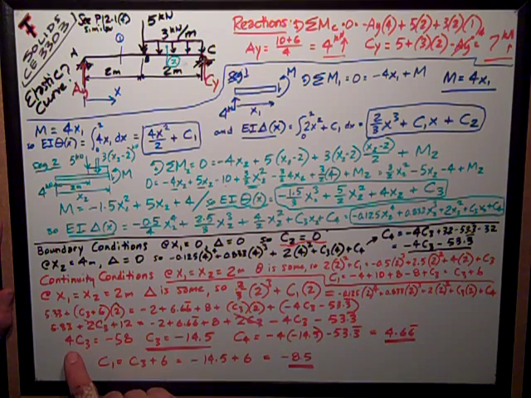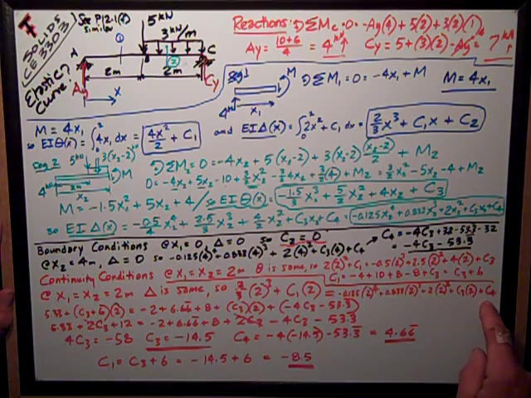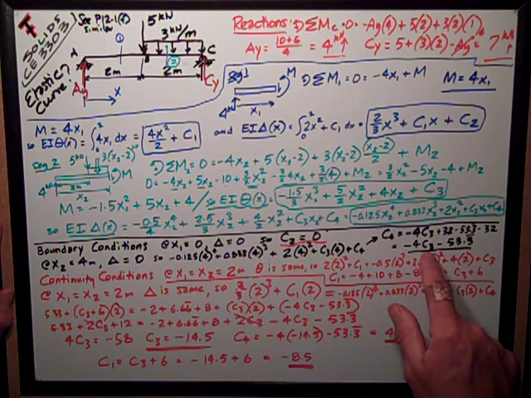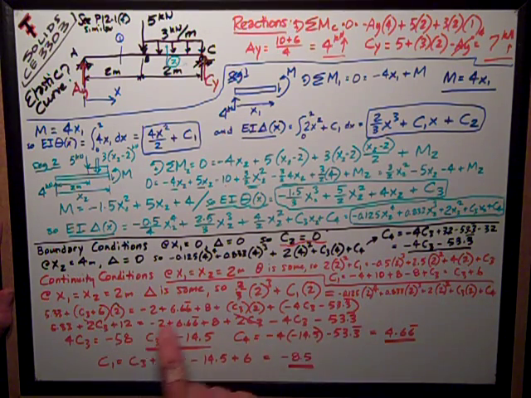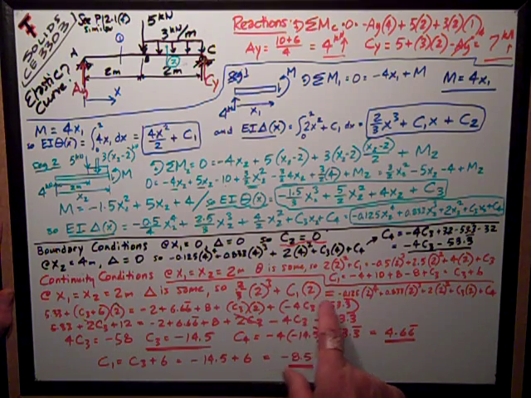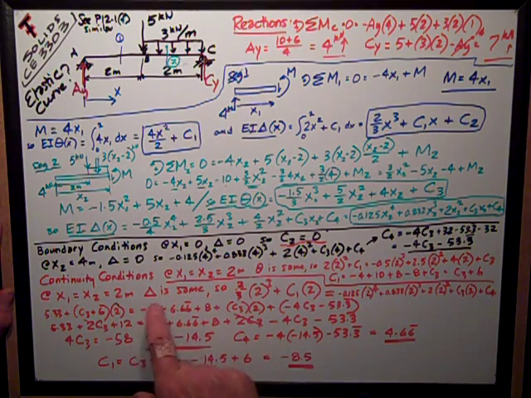I finally get it down to this form, and I can plug in C4 is equal to negative 4C3 minus 53.3, and C1 right here is equal to, where did I solve for that?